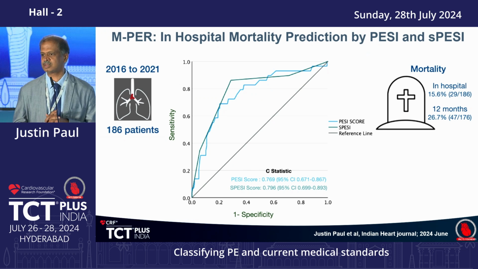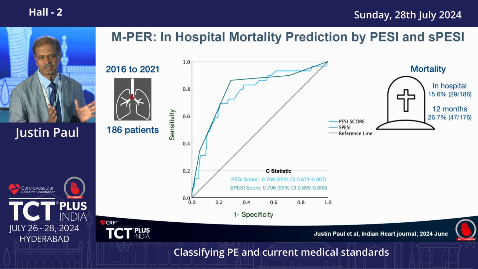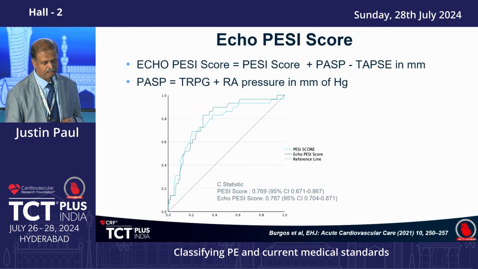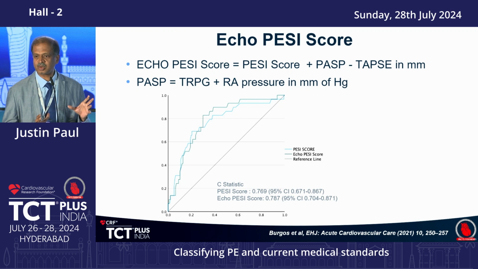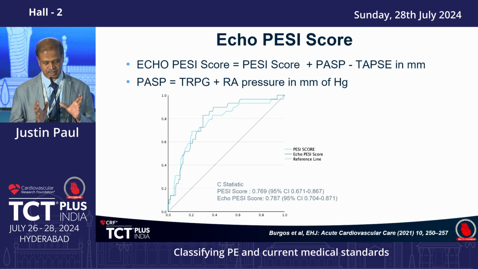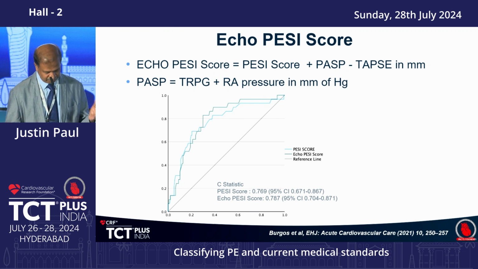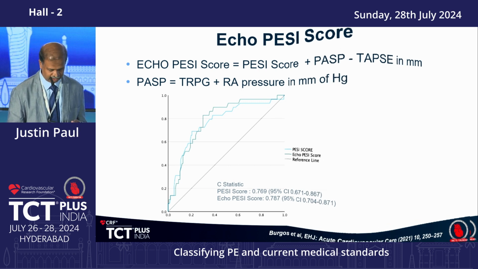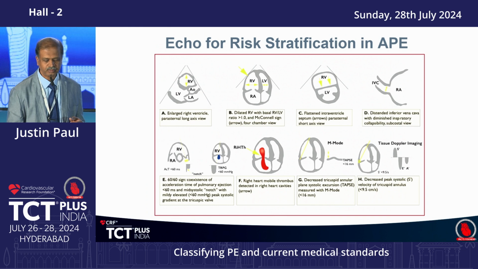So this suggests that the score is validated for the Indian population, and we can use the simplified PESI score. The echo PESI score is another one where they use the PA systolic pressure and TAPSE. This is again our data: it did not give any added advantage, at least in our study.